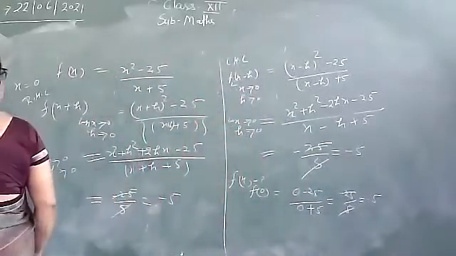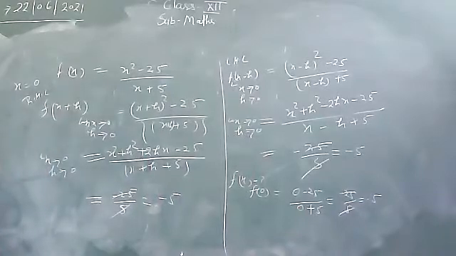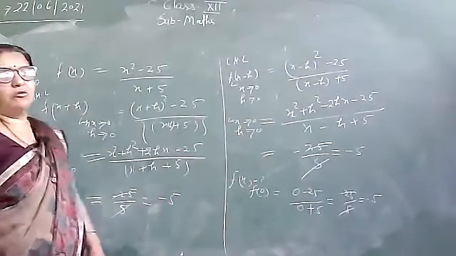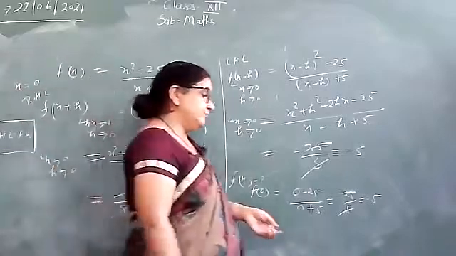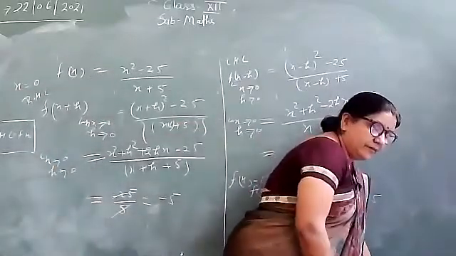That means this function is continuous. Therefore, LHL equal f(x). That means the given function is continuous. I think everybody understood how we find whether a function is continuous or discontinuous.